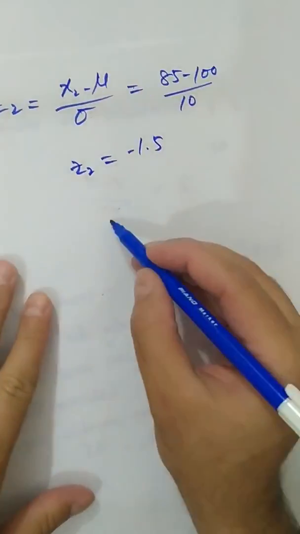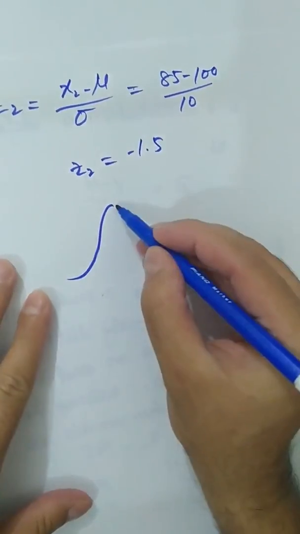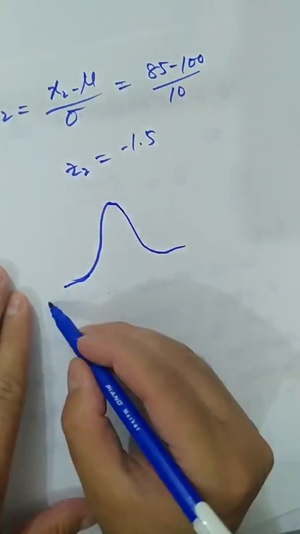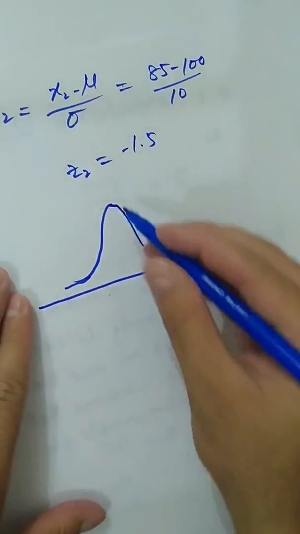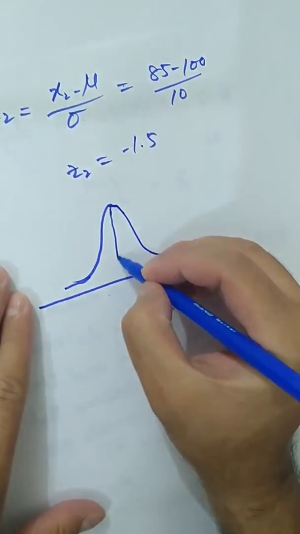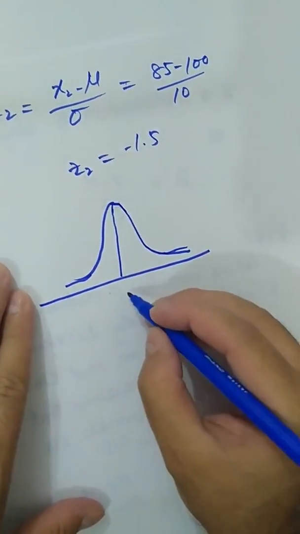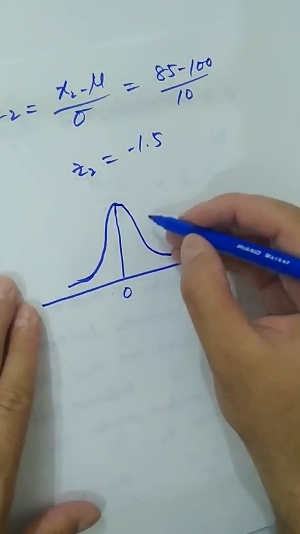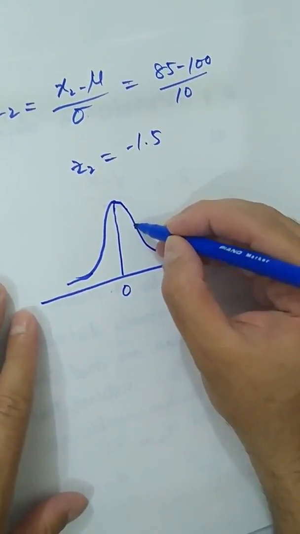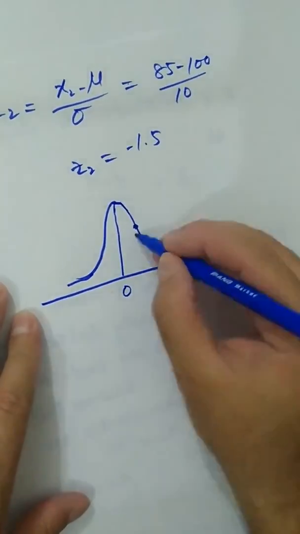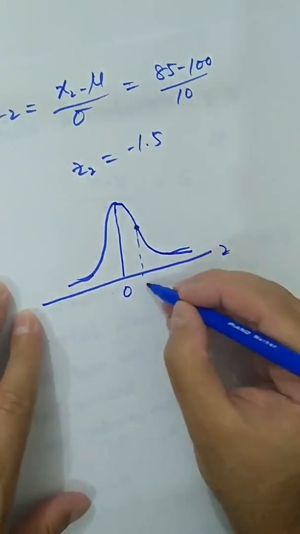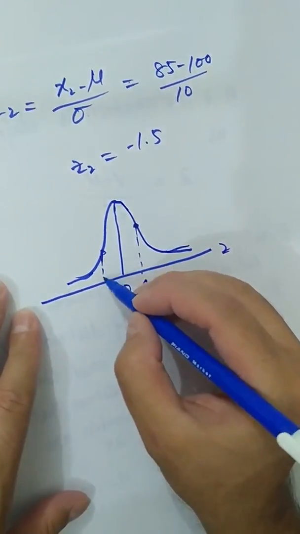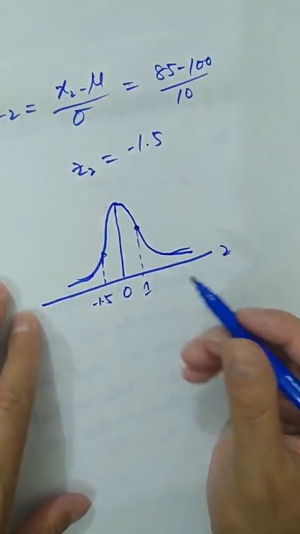Now I have to find the CDF. For this case, I have a standard normal distribution with the mean at its center, and on the right side the value of z1 is equal to 1, whereas on the left side z2 is equal to minus 1.5.